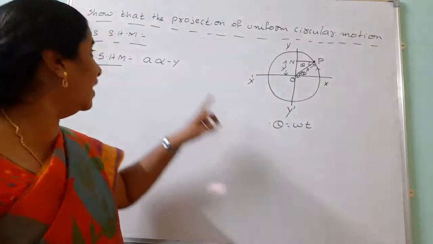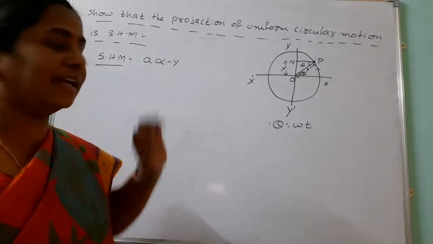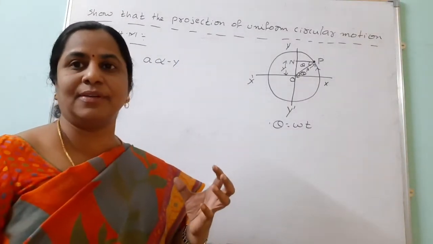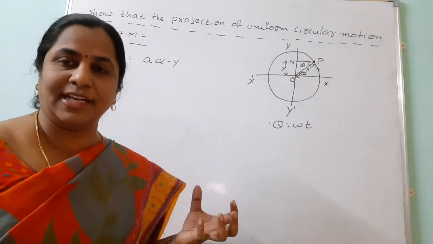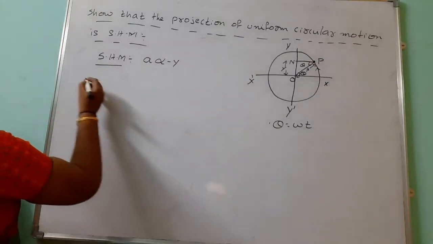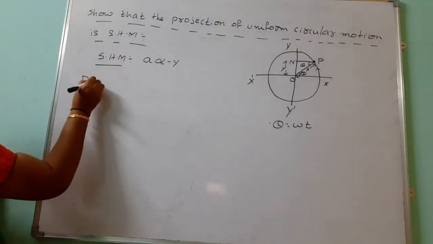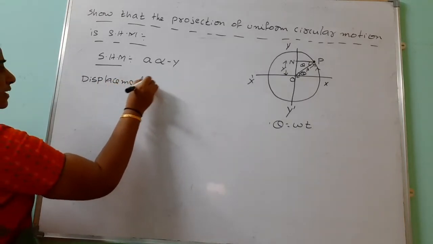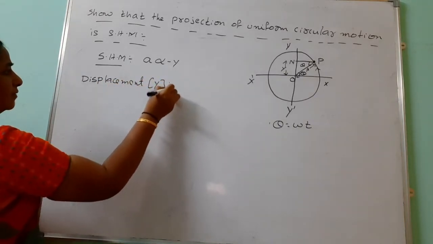The next thing we have to prove is that acceleration is directly proportional to displacement. For this, first we derive the expression for displacement, then the expression for velocity, then we can go through the acceleration. Displacement of this particle, we represent with y.